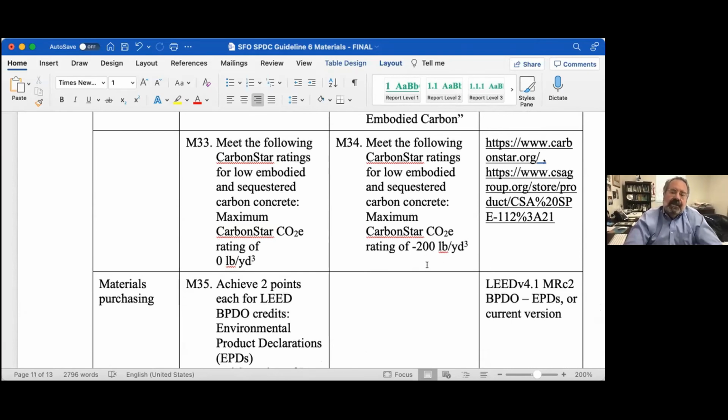So what CarbonStar does is it allows simply an average ready-mix plant, which is where most of the carbon is coming from, to quantify the embodied CO2 in their concrete, and meet a specification like at the San Francisco airport with a low carbon, or in that case, negative carbon concrete.